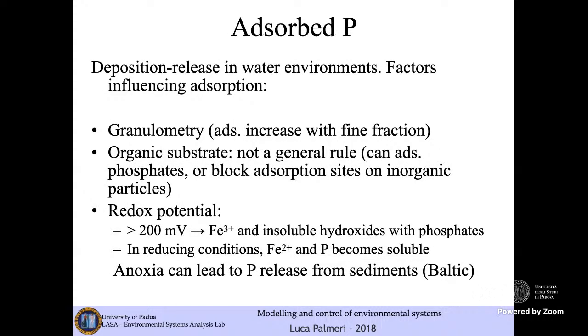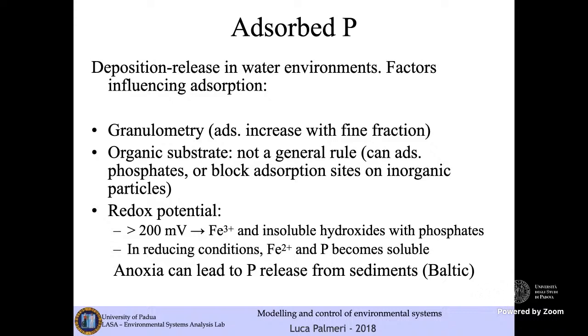Adsorbed phosphorus deposition and release in water environments are governed by several factors that influence adsorption. You may recall granulometry. Adsorption increases with the fine fraction, so adsorption increases with the fine granulometry of sediments, because I recall to you that adsorption is a surface process, so in finer granulometry sediments you will have more available surface.